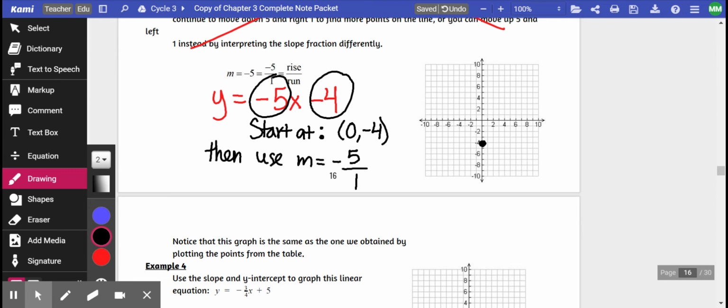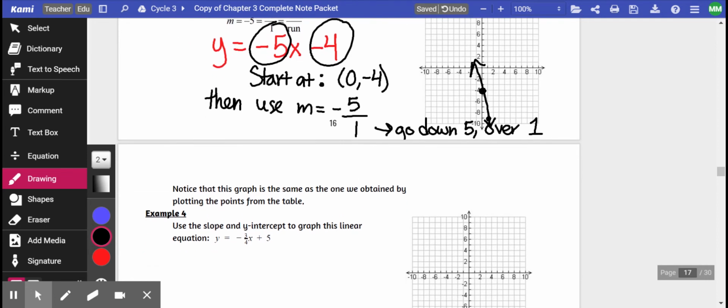So because it's -5 over 1, we're going to think of it as go down 5 because it's negative, and then over 1. So I'm going to go down 5 over 1. And that right there makes my line. Make sure that you put arrows on the ends of your line.